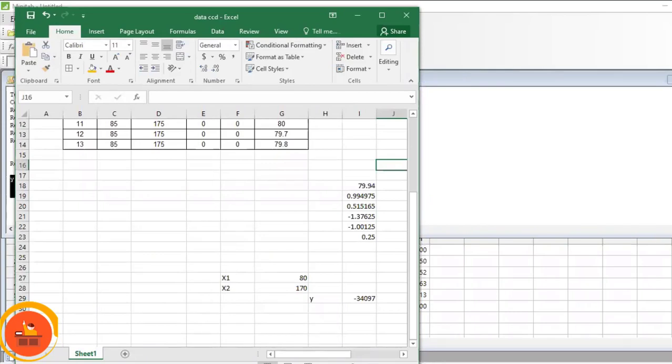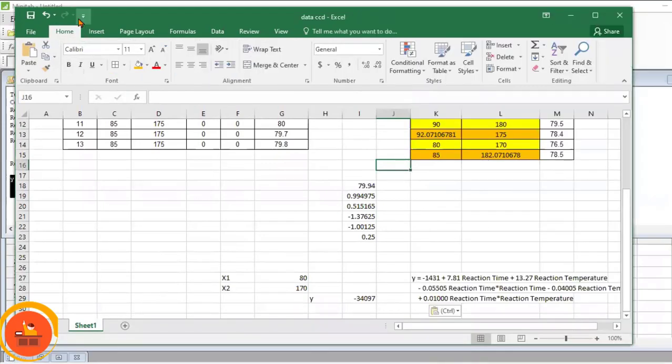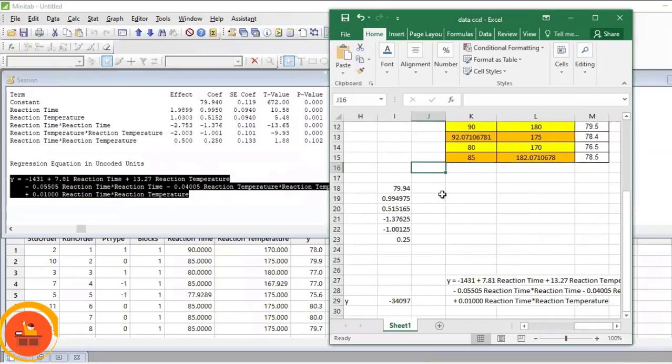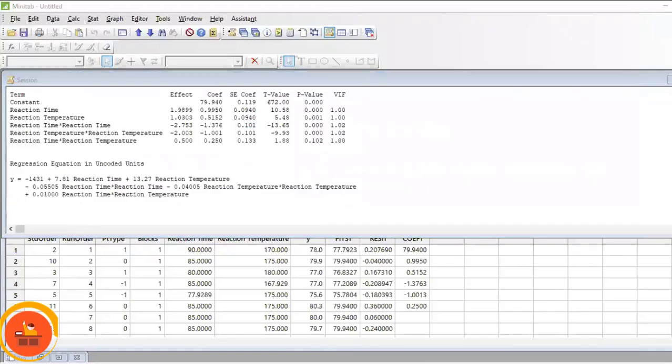I will write the coefficients here like this. I will write this is coded terminology and this one is uncoded, because in most of the journals they will give this coded and uncoded. That's why I am writing these terms separately.